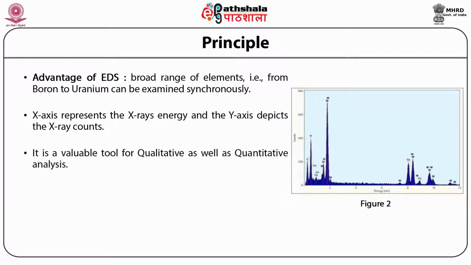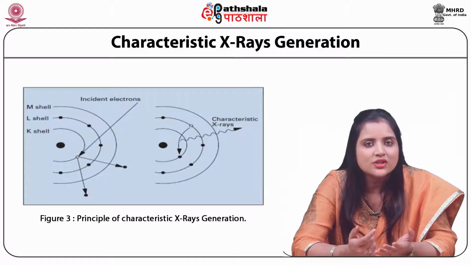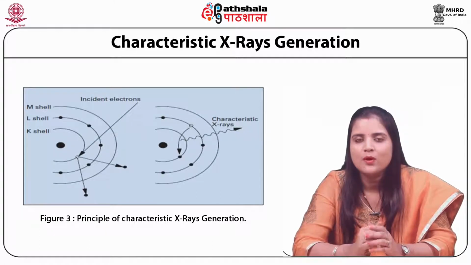It is a valuable tool for qualitative as well as quantitative analysis. The figure shows unique peak positions of various elements, which correspond to the feasible transitions in the principal energy levels. Let us now study the characteristic X-rays generation.